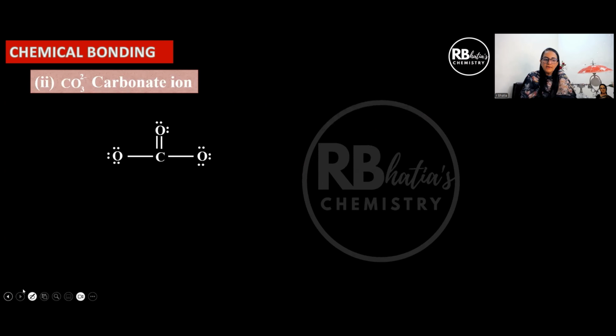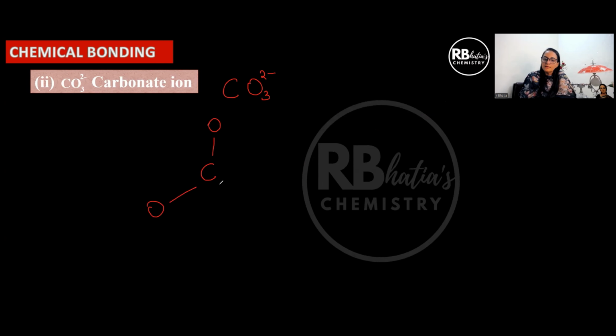Okay, carbonate ion. Again, let us first start by trying to draw the Lewis dot structure ourselves. So we did discuss in the early part of this. This is the Lewis dot structure of carbonate ion. We did draw this in this same video.